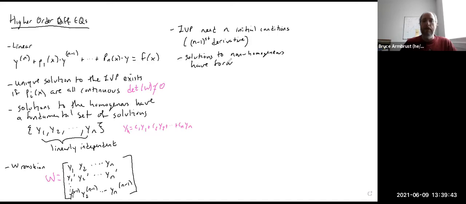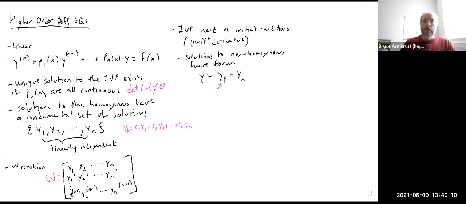They have the form y equals yp plus, I'm just going to write it as yh. Hopefully you remember when we did this before. We found the homogeneous, but then we had to find a particular solution. We had to find any function that actually worked for this specific problem.